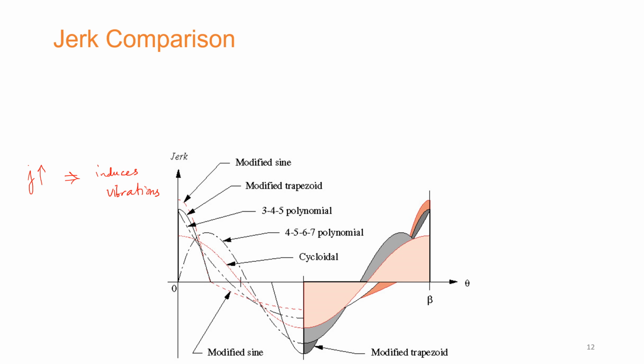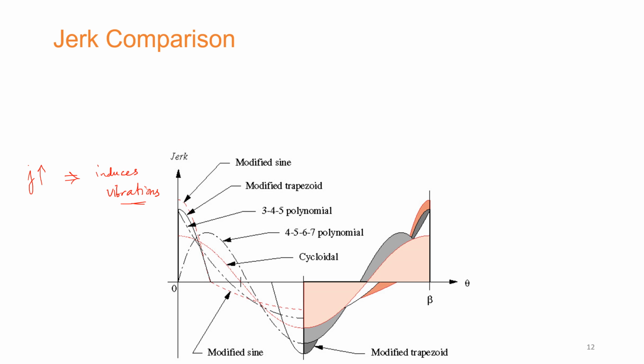So a higher value for jerk would mean that there is a possibility of vibrations in it. An abrupt change, like from the dwell to the rise and from the fall to the dwell, and whenever there is this transition, the discontinuity is also going to have a manifestation in terms of vibrations. So for that reason, we need to identify or compare these motion profiles with each other.